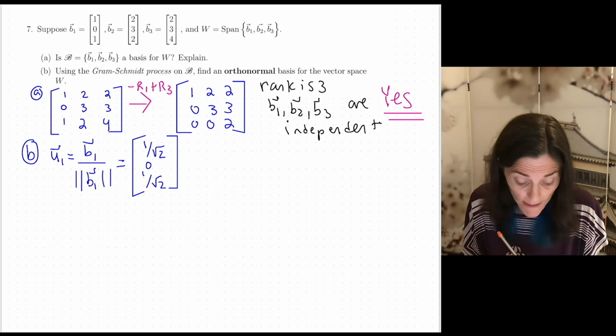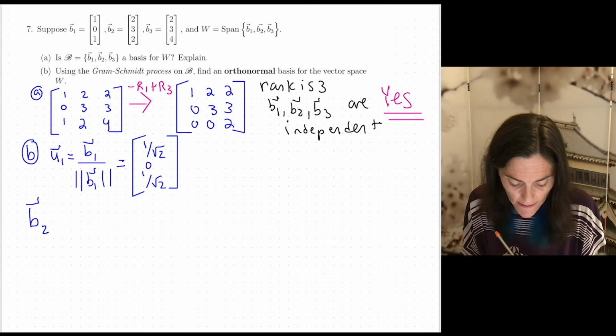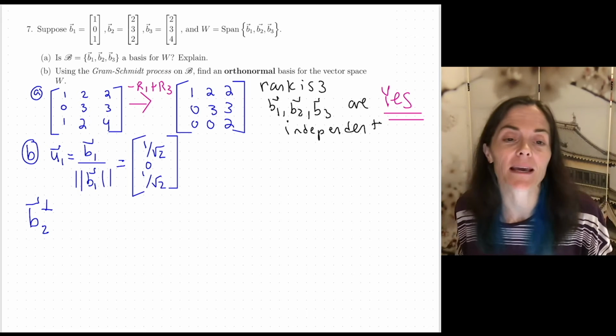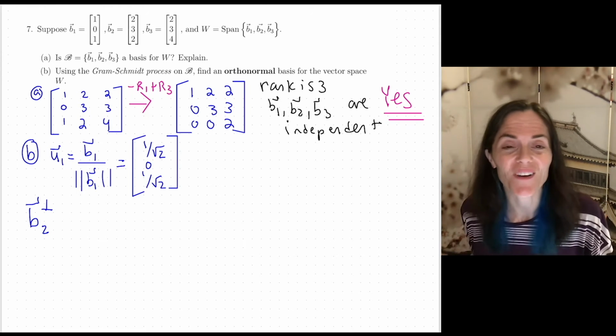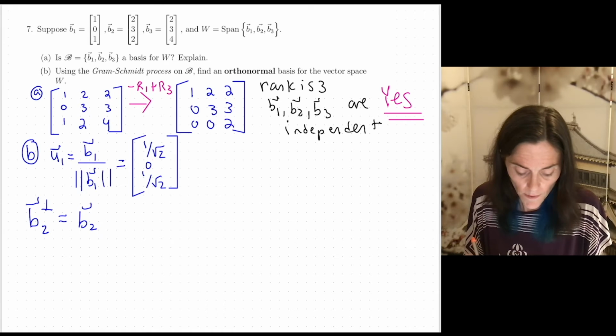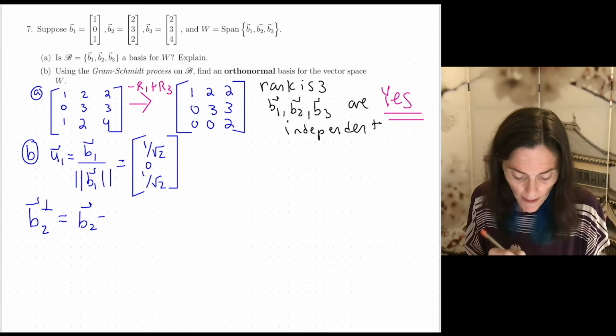Next, we calculate the direction, the component of B2 which is perpendicular to the span of B1, or U1, same span. How we calculate this, you take B2 minus the projection. And if we use U1, it's unit, so you just take B2 dot U1 times U1.